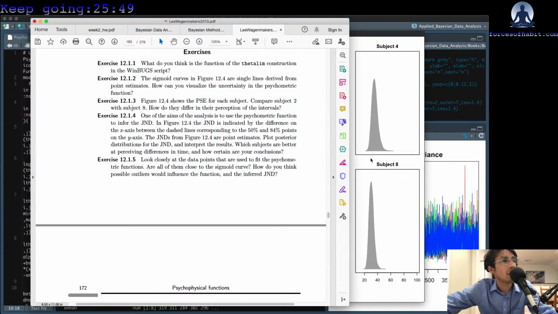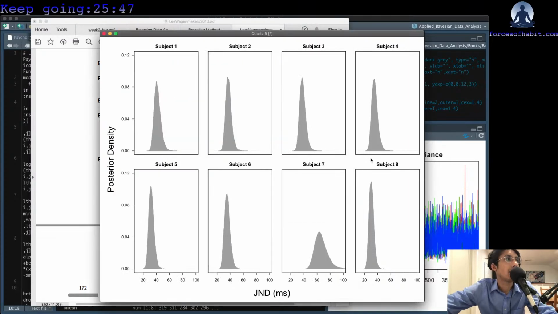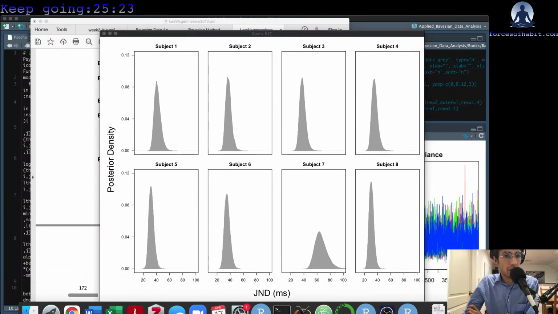Subjects that are better at perceiving differences in time would be able to identify values at the point of subjective equality, and just noticeable differences would be closer to one another for subjects who are better, I believe.